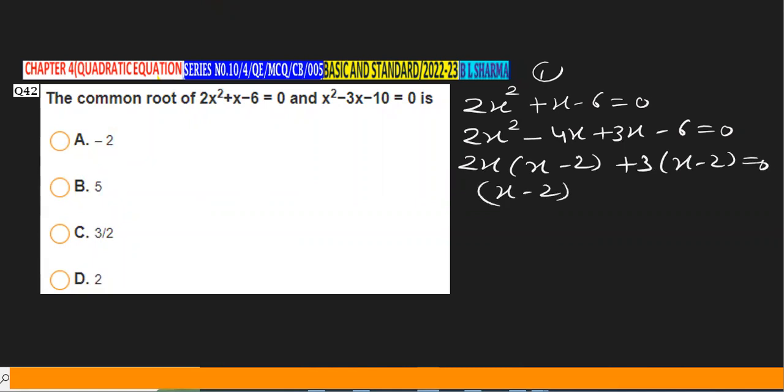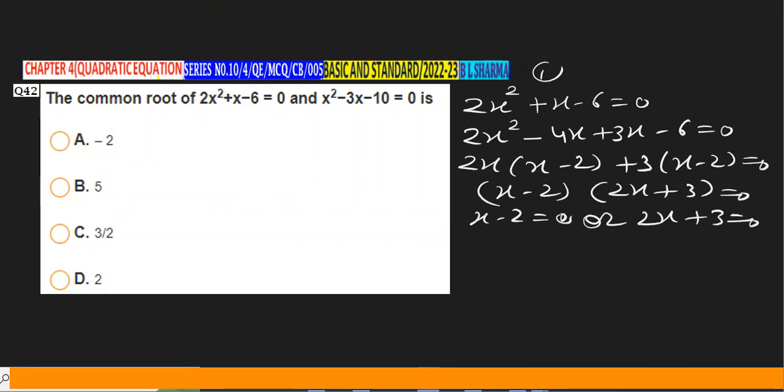So further factors are x minus 2 and 2x plus 3 is equal to 0. So x minus 2 is equal to 0 or 2x plus 3 is equal to 0. So x is equal to 2 or x is equal to minus 3/2. देखिएगा इसके दो जीरोस है.